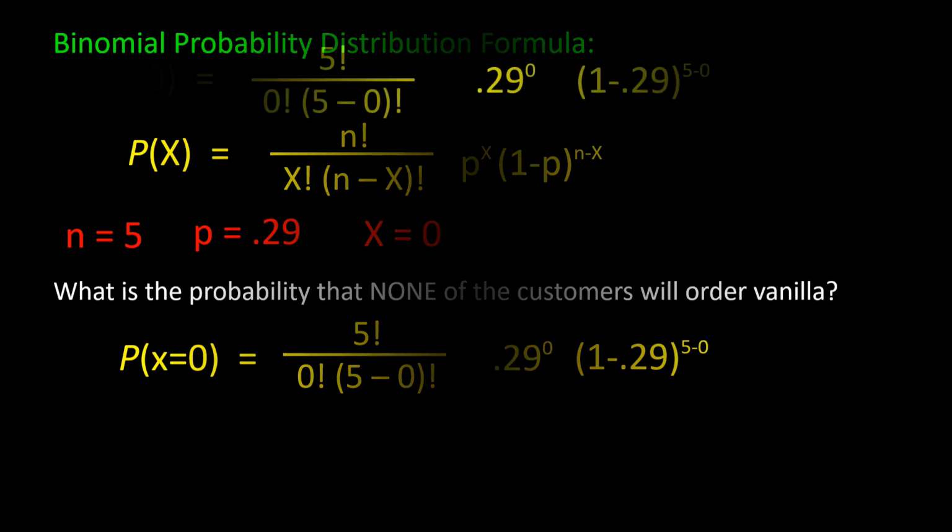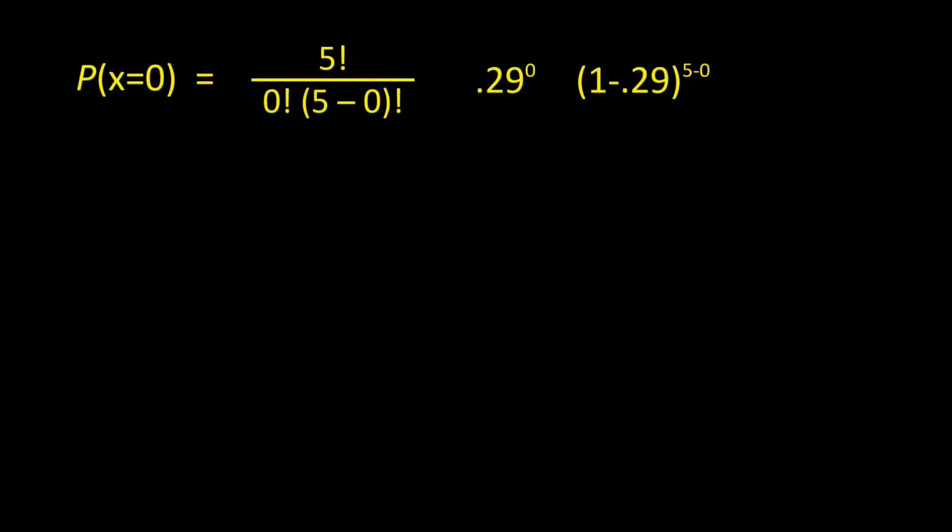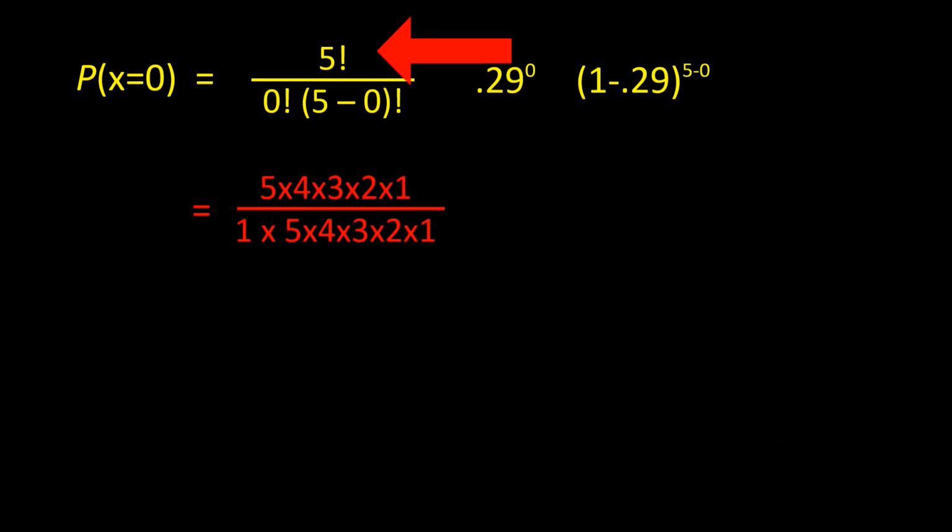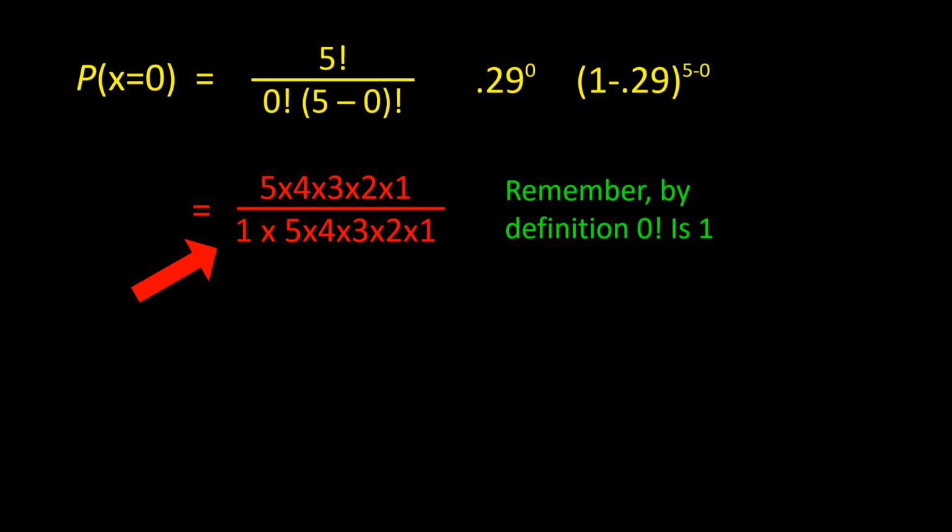Okay, so let's work this out by hand, and then we will do it using Excel. We get for the first part the numerator of 5 factorial, so 5 factorial is 5 times 4 times 3 times 2 times 1, and then the denominator is x factorial. Now remember, x is 0, so by definition 0 factorial is 1.